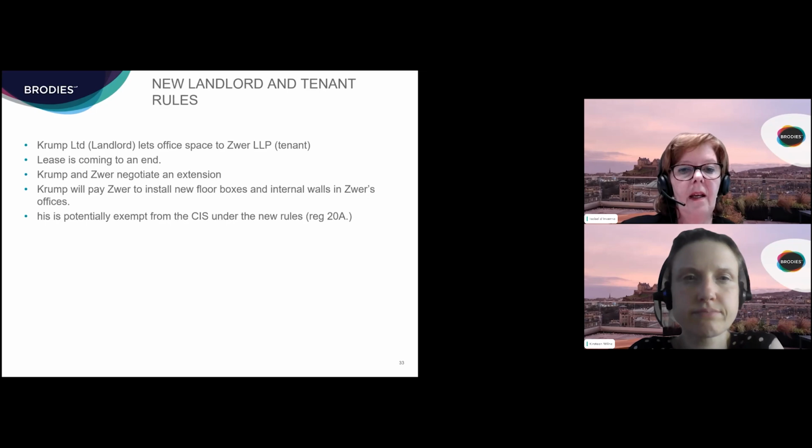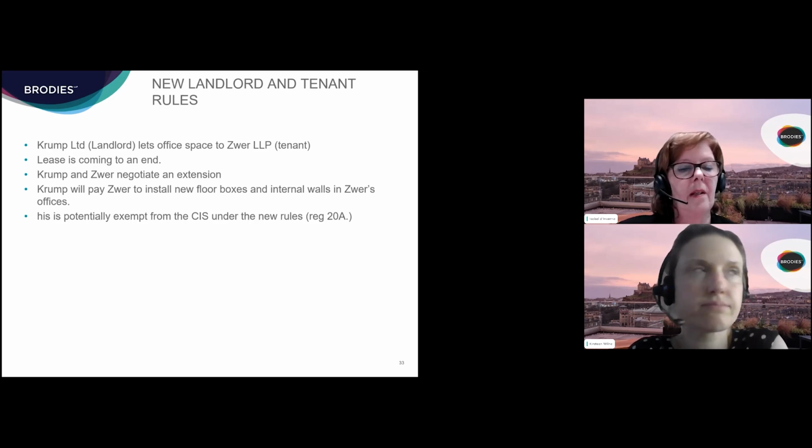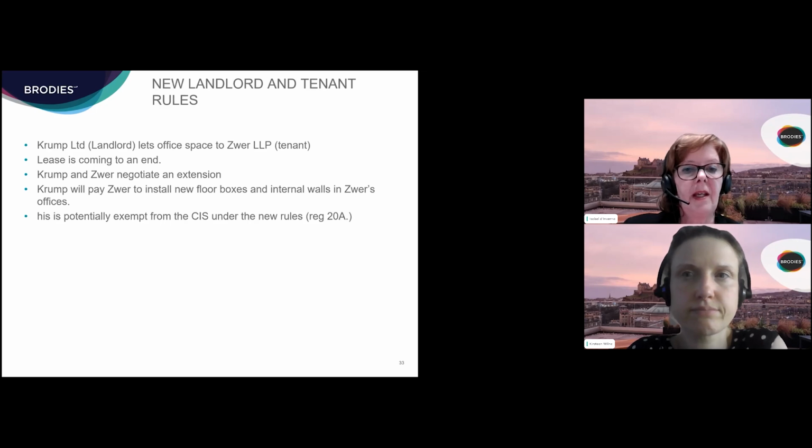The tenant is going to carry out the works, so it ticks that box. They're negotiating an extension, so there'll be a lease in place, which covers that point. And the new floor boxes and internal walls are definitely for the benefit of the tenant here.